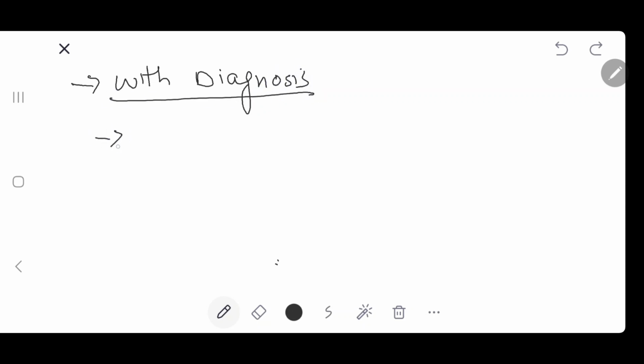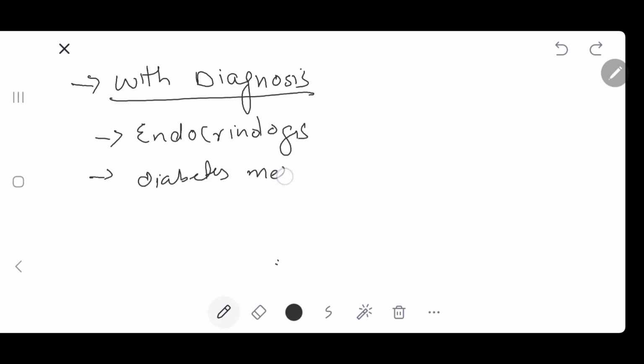So first of all, writing the letter that is called with diagnosis. What I mean by that is, let's say you are writing this letter to the specialist with the provisional diagnosis of diabetes, so now we have some confirmed diagnosis being given.